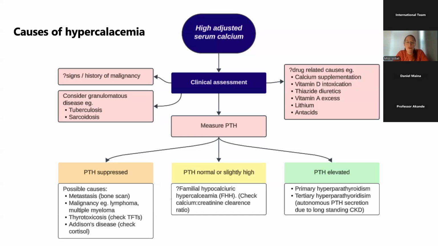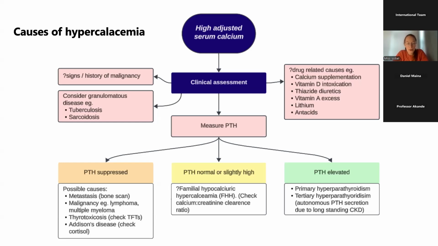If the PTH is normal or only slightly high, and that doesn't explain, especially if you've got a really high adjusted calcium, you could look and see if the patient has familial hypocalciuric hypercalcemia by checking the calcium creatinine clearance ratio.